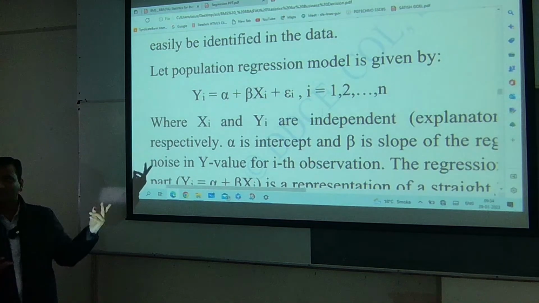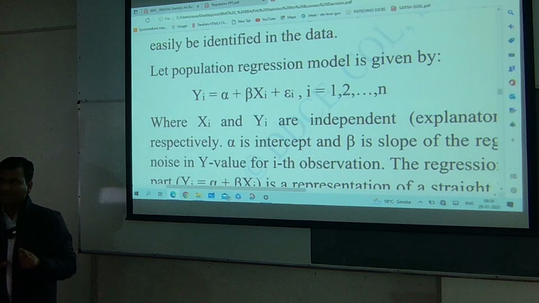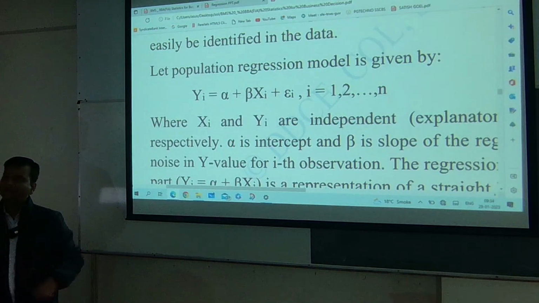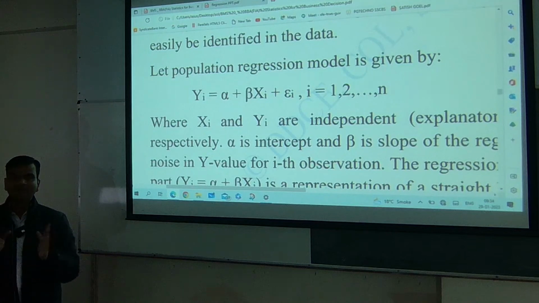Now what you have to estimate? You have to estimate only alpha and beta. Okay, you have to find alpha and beta with the given data. Whatever the data is given to you, using that data you can estimate the alpha and beta with the help of the principle of least squares. So we have a principle of least squares.